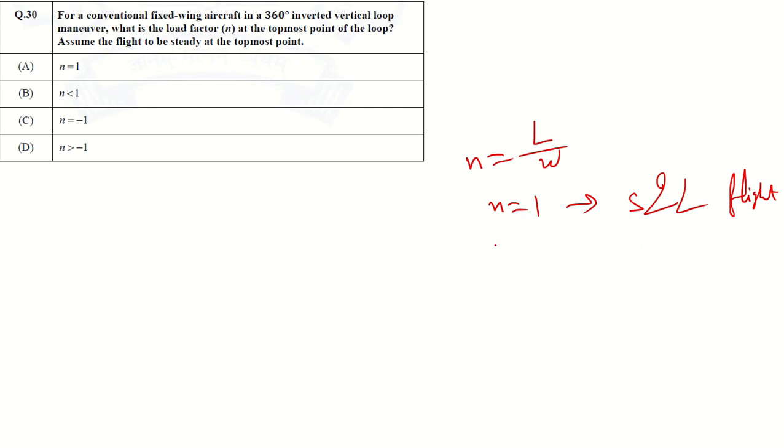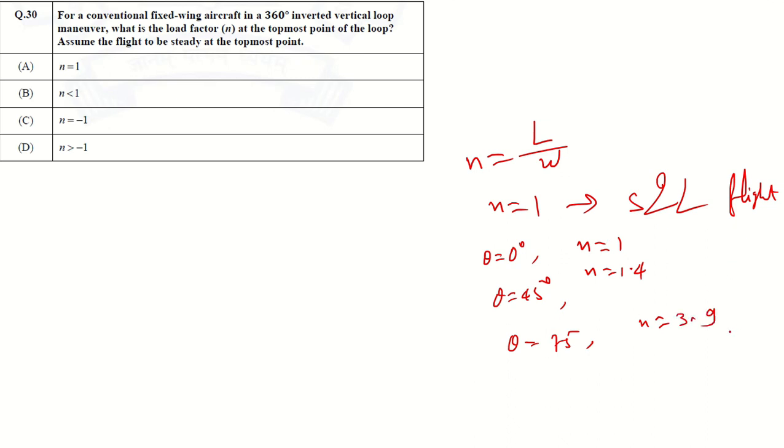It depends on the bank angle also. So if theta is equal to 0, N equal to 1; theta equal to 45, N equal to 1.4; if theta is equal to 75, we get N equal to 3.9, which means as theta is increasing, the load factor is also increasing.